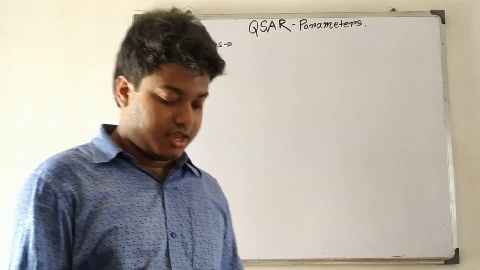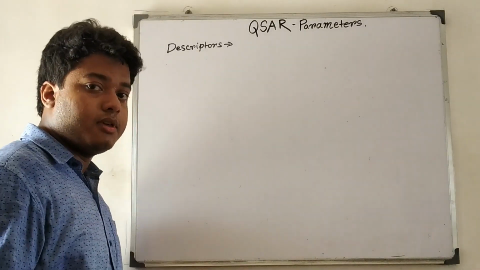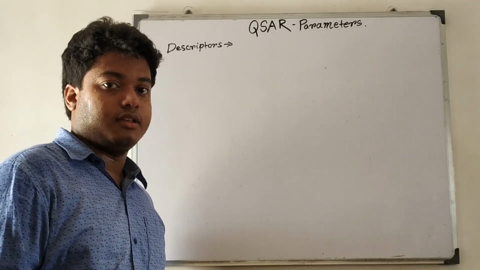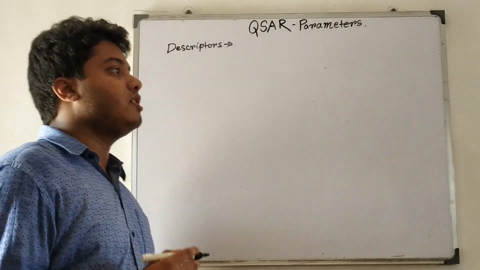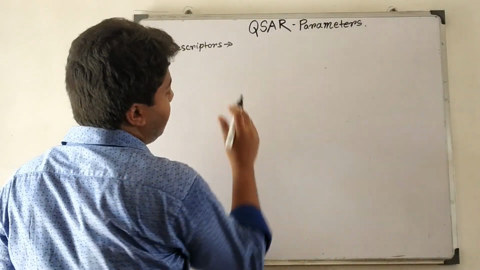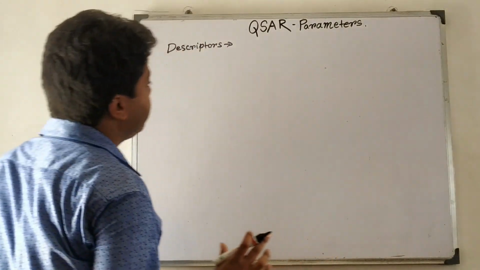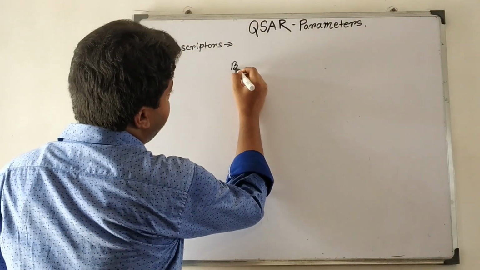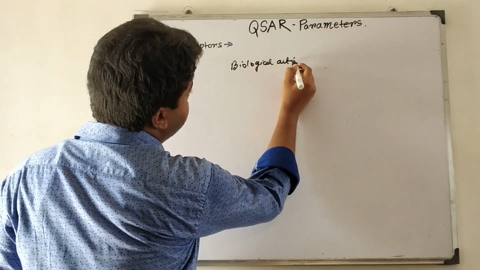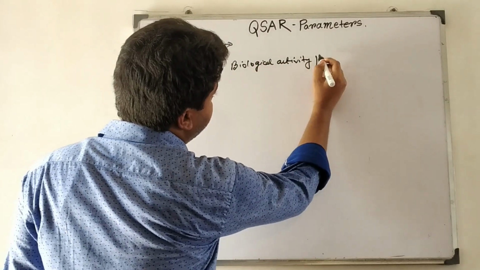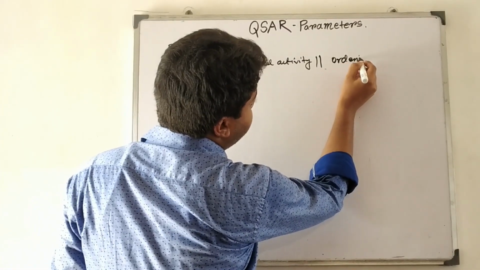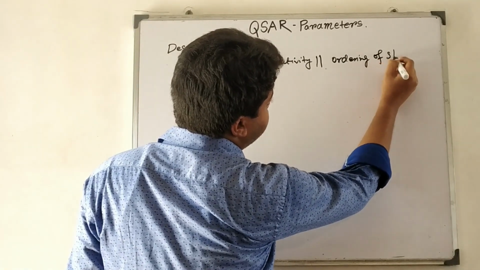It is generally said that if some physicochemical properties depend on a particular descriptor, then biological activity parallels the ordering of structure.